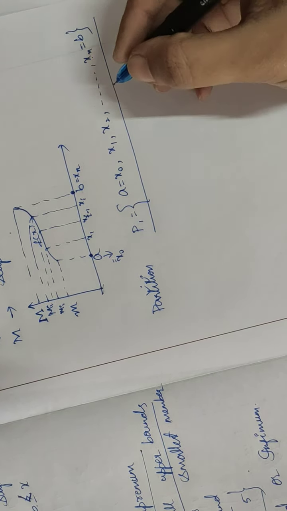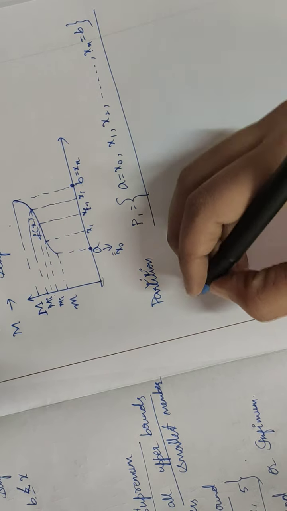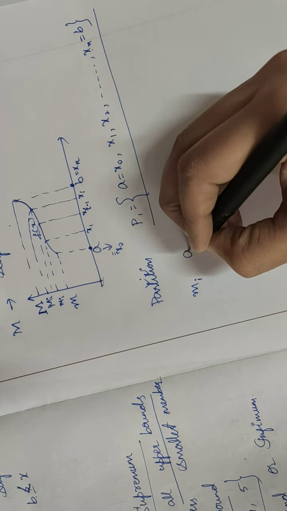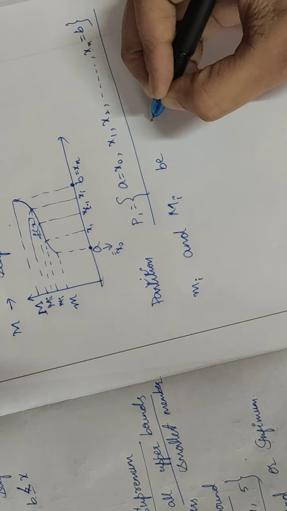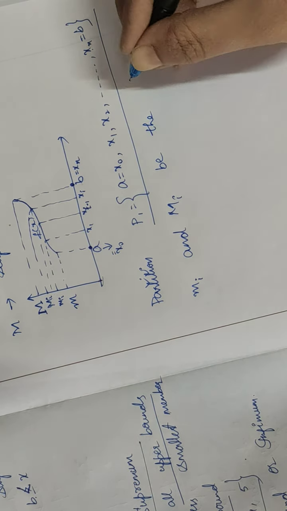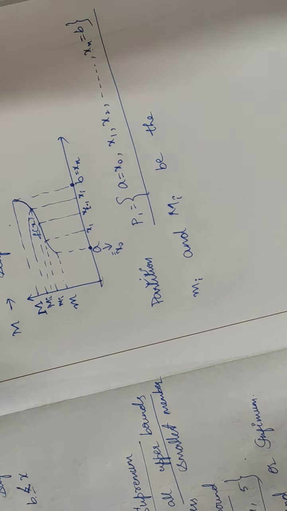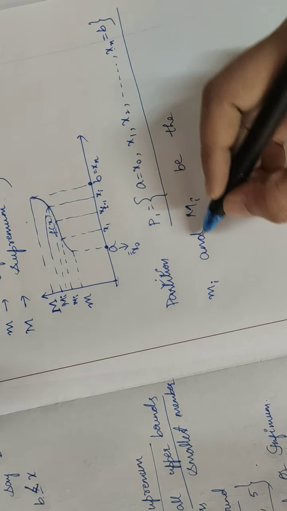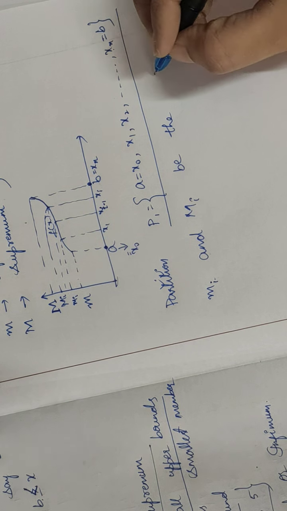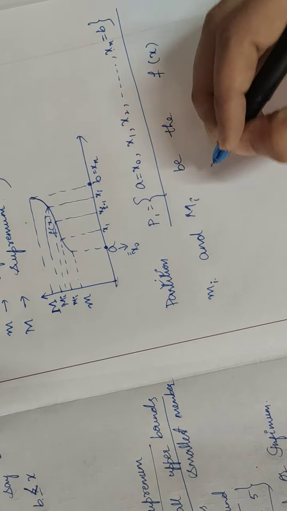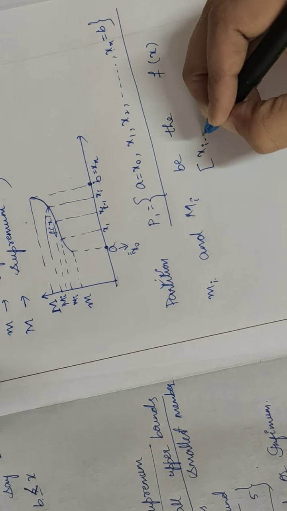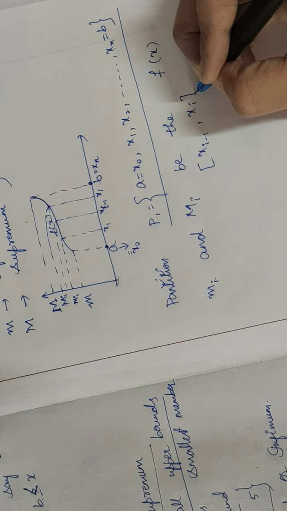Now using this, let small mi and capital Mi be the infimum and supremum of the function f of x in the subintervals xi minus 1 comma xi.